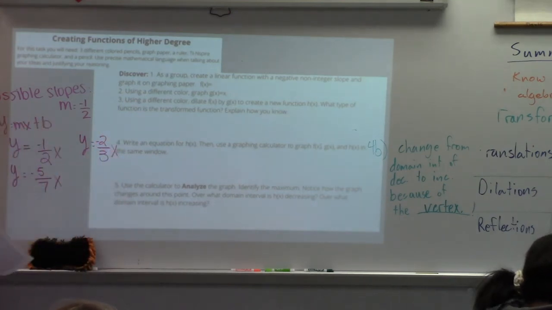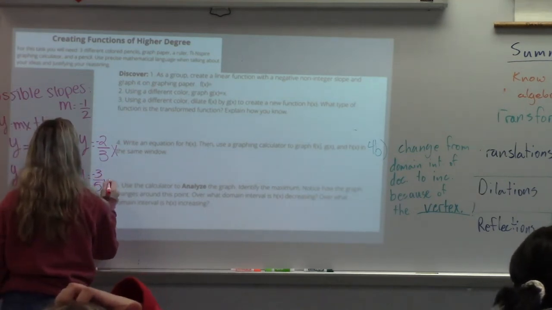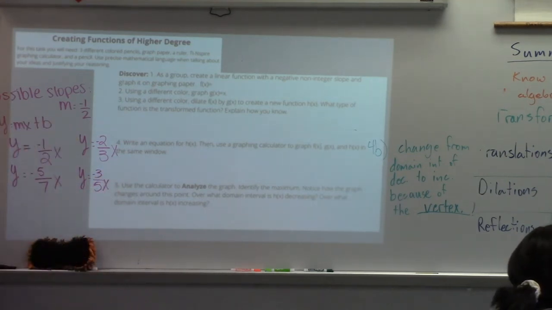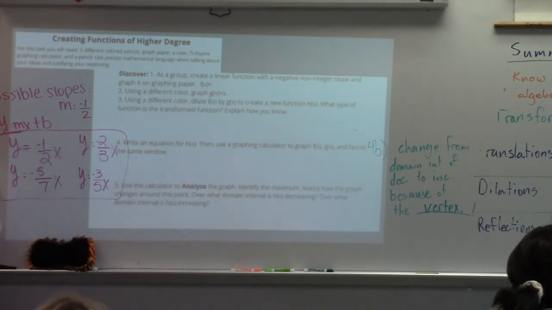Let's get one more. Eli, what's one slope your group came up with? -3 divided by 5. Okay, so these are all examples of linear functions that have a slope that fit that criteria.